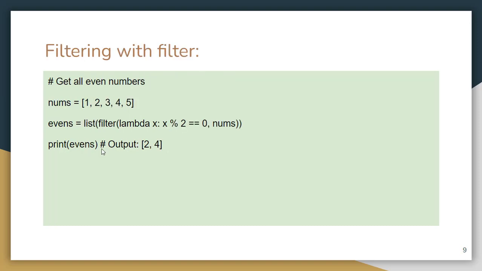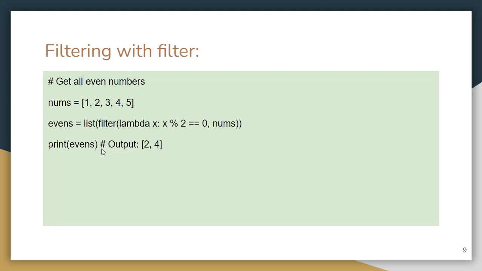Next use case is filtering with the filter function. We try to get all even numbers from the list. Here numbers equals to 1, 2, 3, 4, 5 inside a list. evens is storing the even numbers in the form of a list.